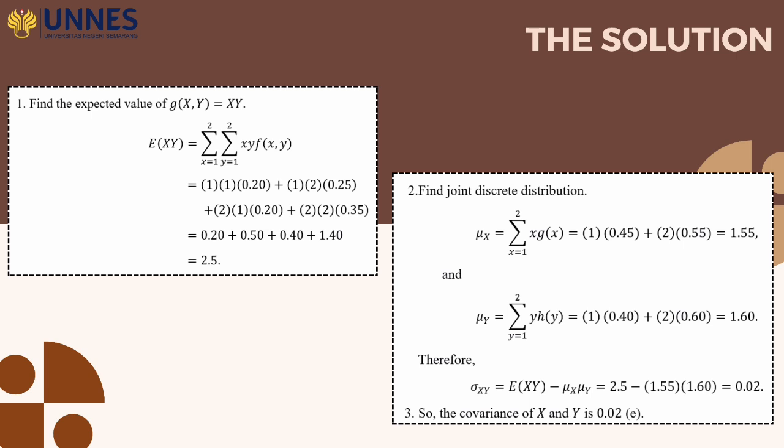Just compute the numbers: 1 times 1 times 0.20 plus 1 times 2 times 0.25 plus 2 times 1 times 0.20 plus 2 times 2 times 0.35 equal 0.20 plus 0.50 plus 0.40 plus 1.40 equal 2.5.